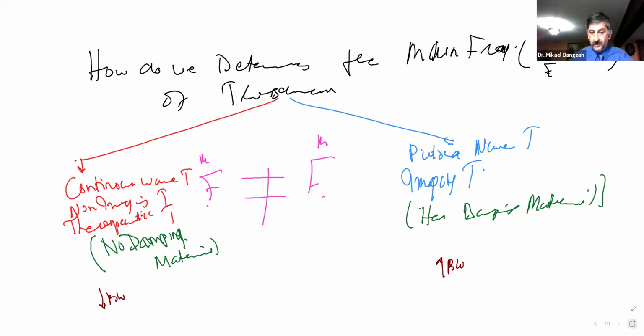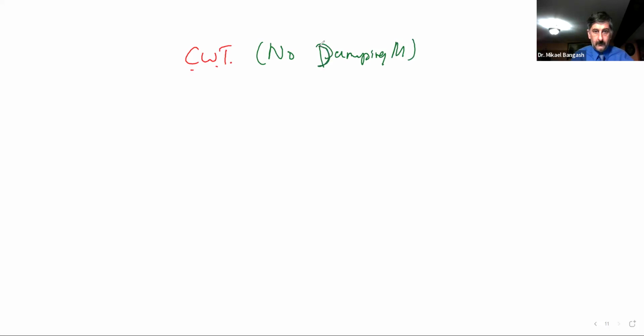Now, guys, for your continuous wave transducer, as I said yesterday, it doesn't have any damping material. And what did we say the word damping meant? To cool down, slow down.